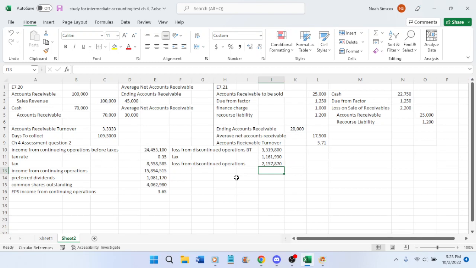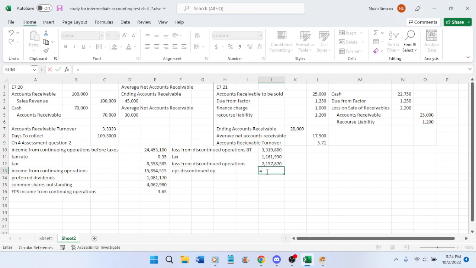Do we still do the subtraction thing, though? Because it's a loss, we should still do the subtraction thing. We would do EPS discontinued.